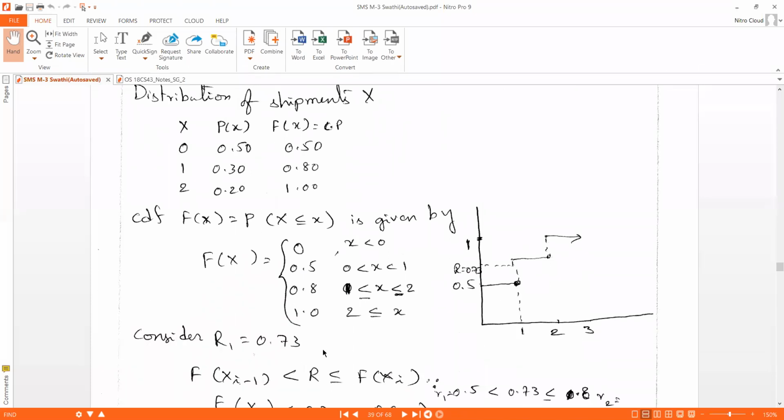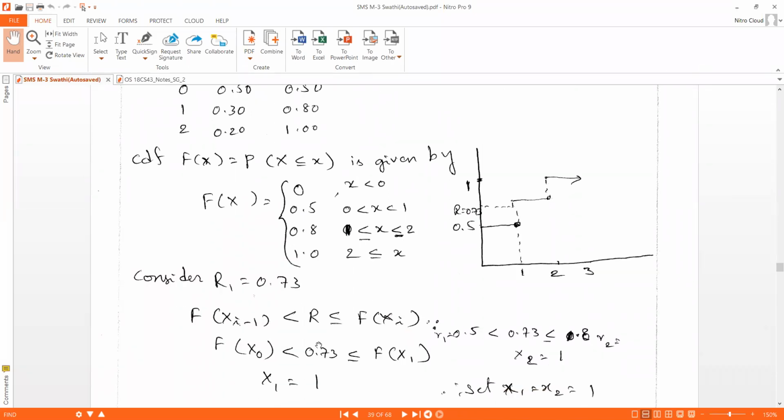Now we will calculate the CDF. The CDF is F of x equal to P of capital X less than or equal to small x.